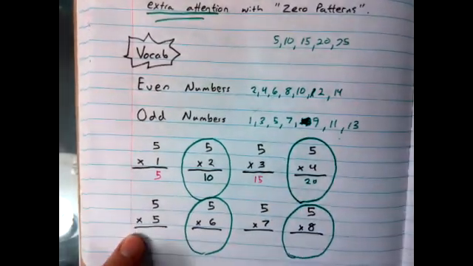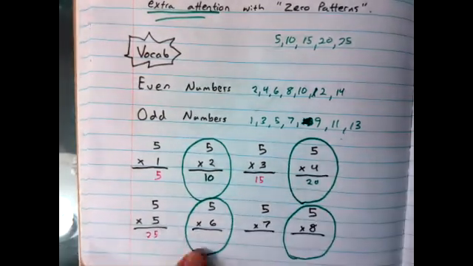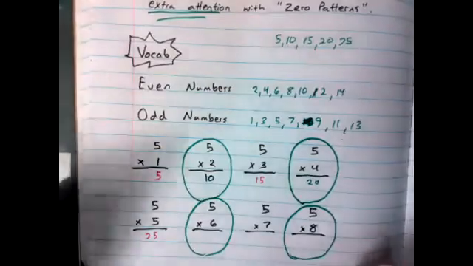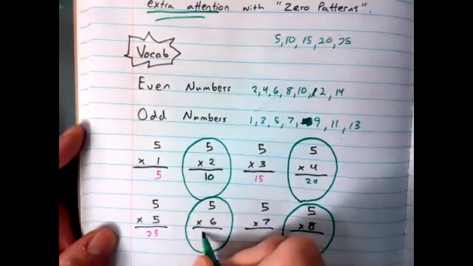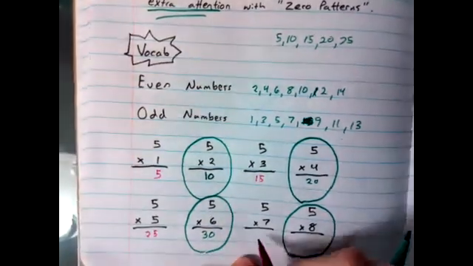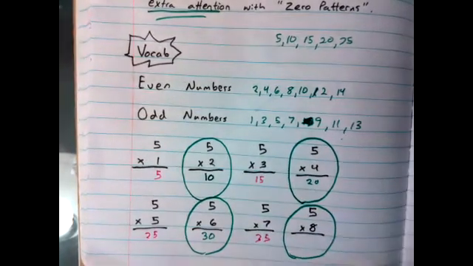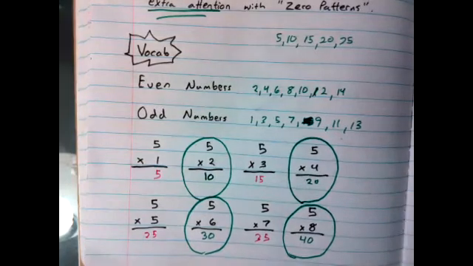All right. 5 times 5, 25. 5 times 6. Mr. McNeil, Mrs. Kamita taught me this. I know this already. 30. 5 times 7, 35. 5 times 8, we've got 40.